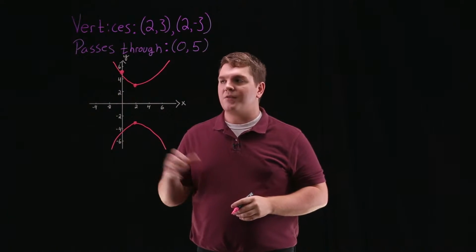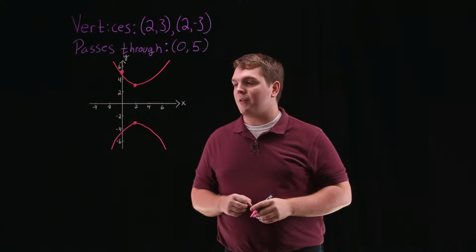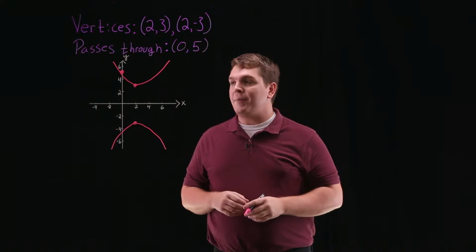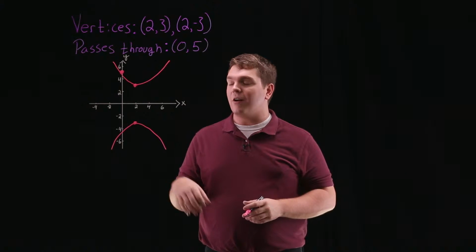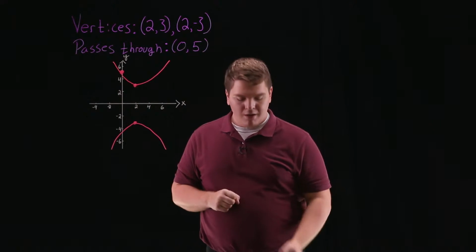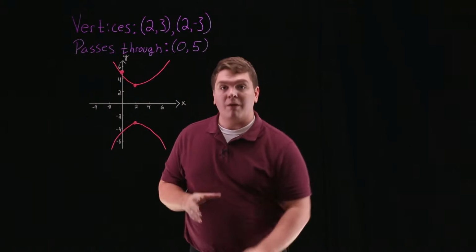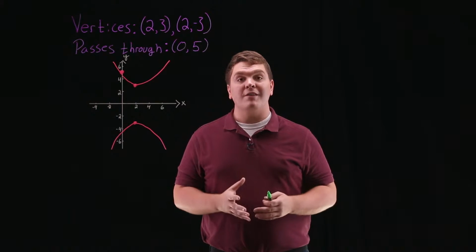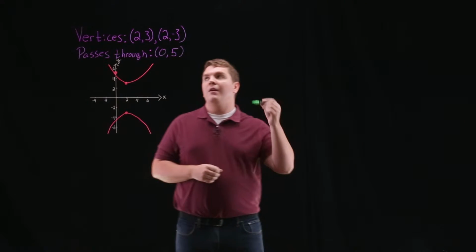So as I said, this is just a really rough sketch of what our hyperbola is going to look like, but it gives us a nice key piece of information, and that is that our hyperbola opens vertically. So we can use that when we try to determine which form of the standard equation we should use.